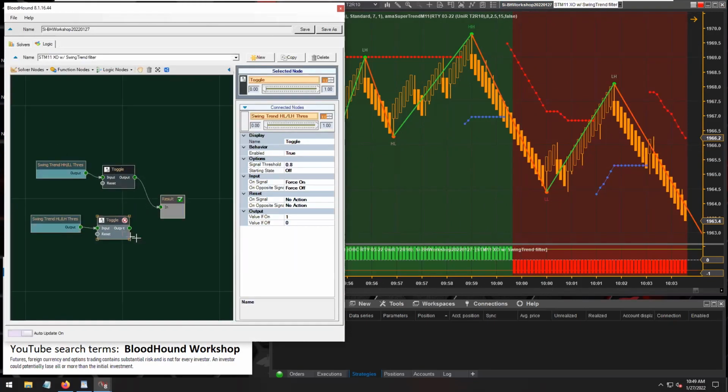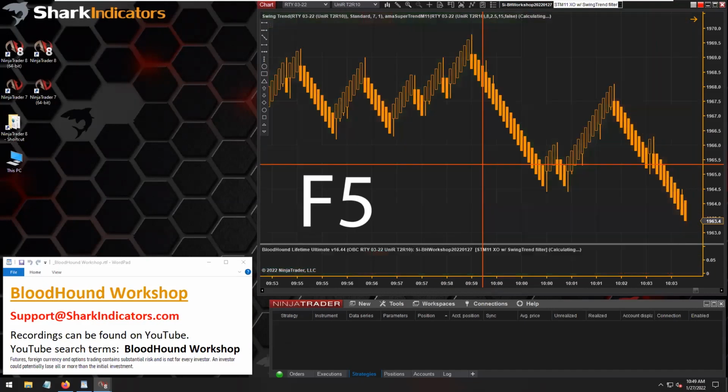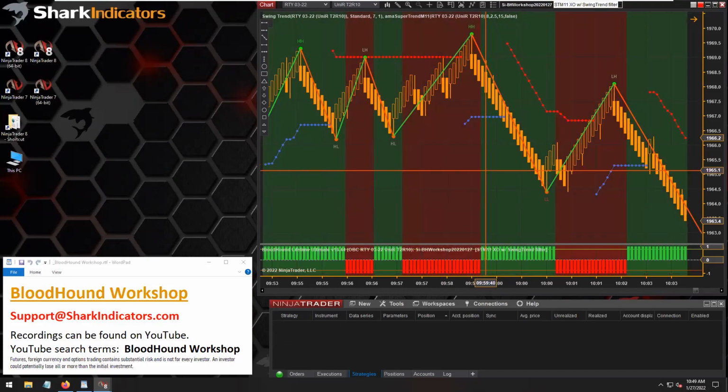And let's check out this toggle node here. And let's also reload the chart again. Yeah, there we go.